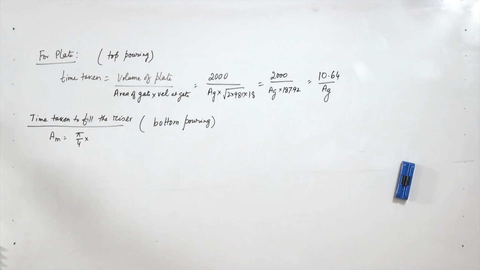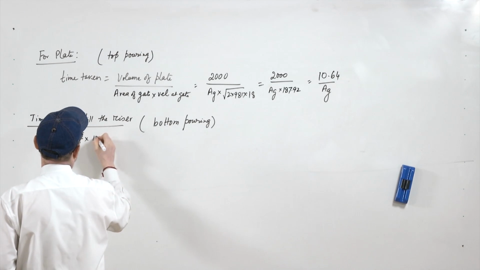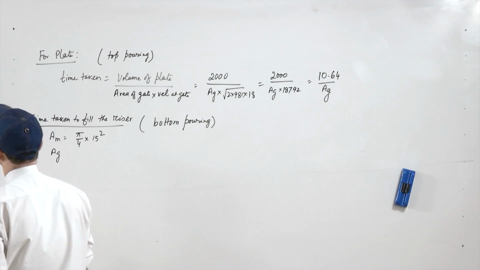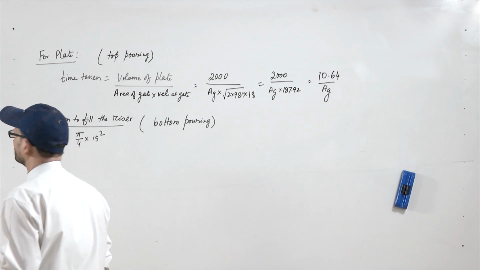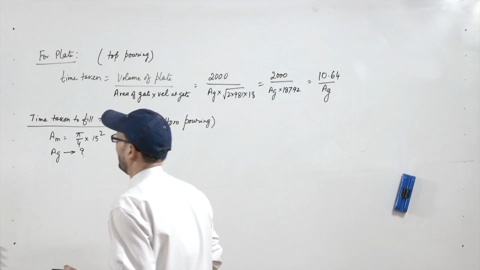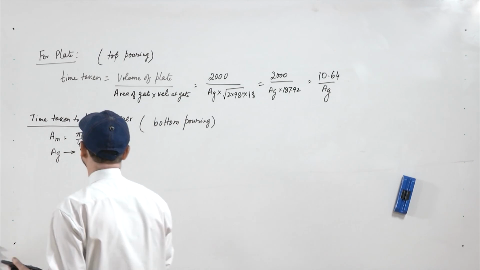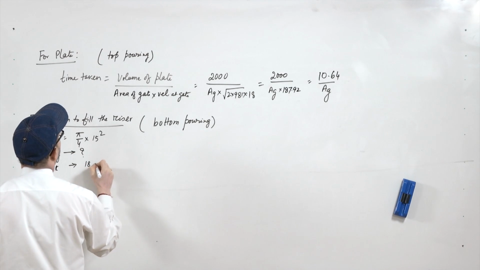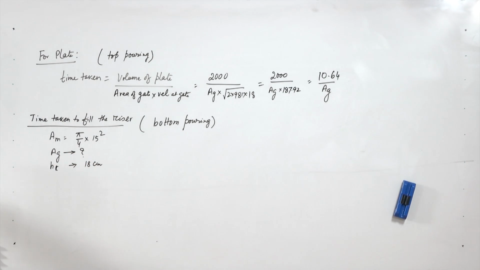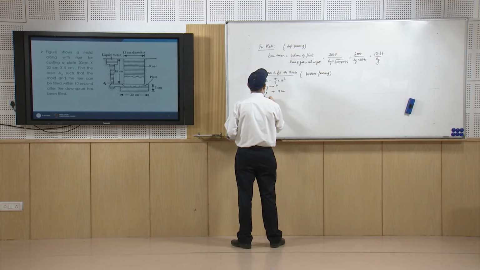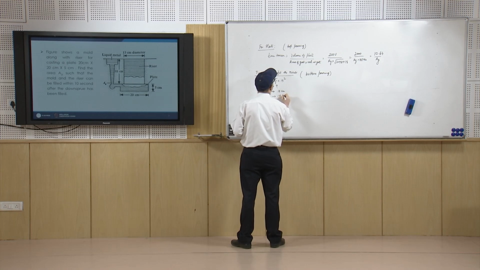This is a cylindrical casting, cylindrical riser. So, pi by 4 into 15 square. Ag has been given already, area of the gate is given. So, Ag is to be found out, and we need Ht. So, Ht is given as 18 centimeter, that is height, and Hm, that is height of the mold, that is also 18 centimeter.